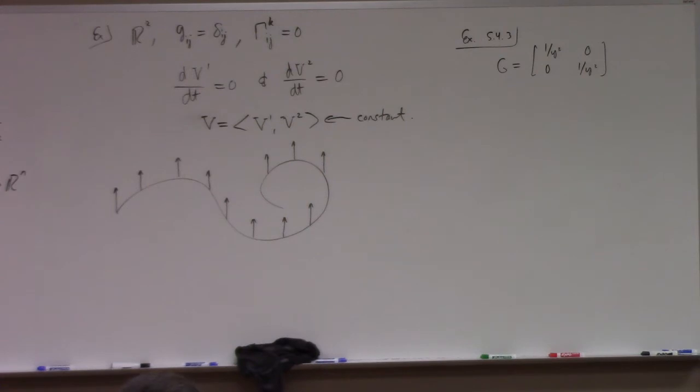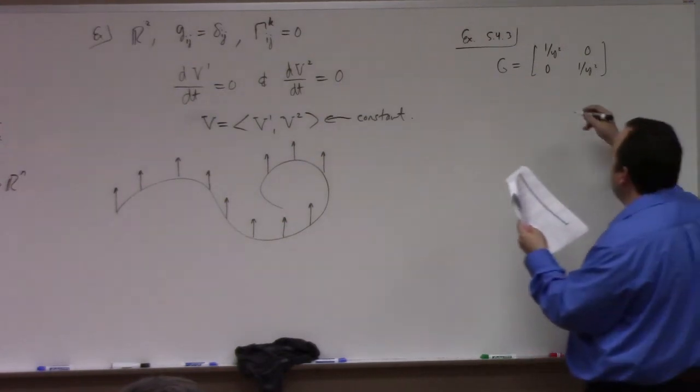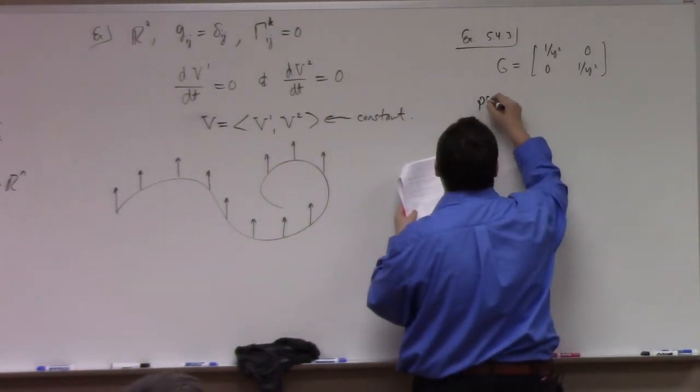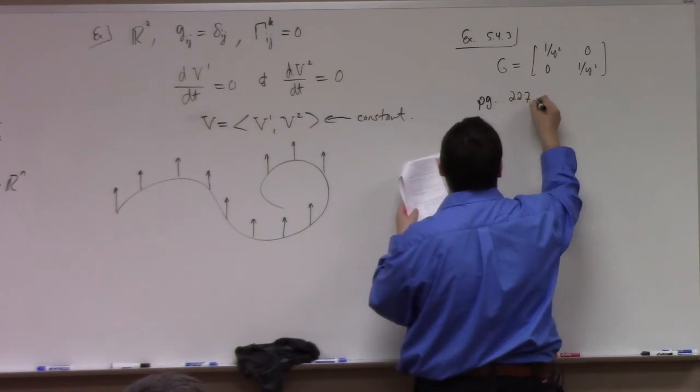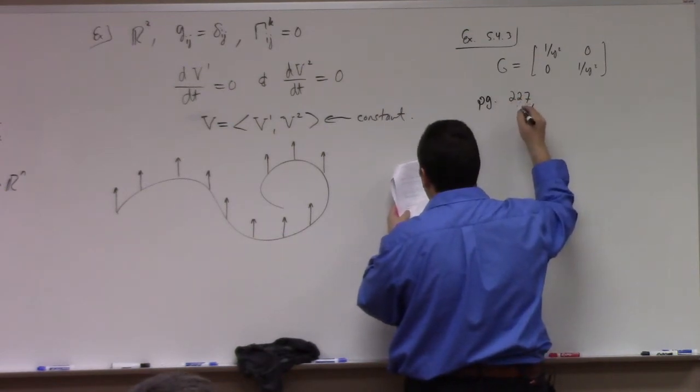And he mentions if you fix the curve to be the horizontal line segment, which is parametrized, if you look at page 227, I'll record one of the results for the sake of our discussion here.